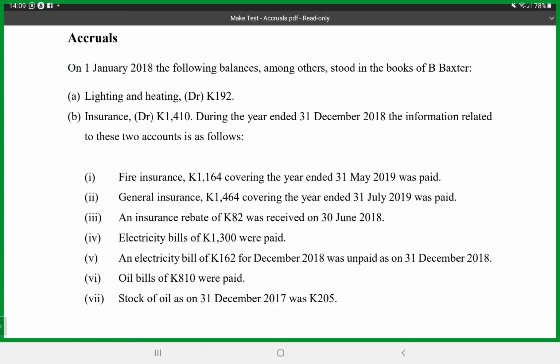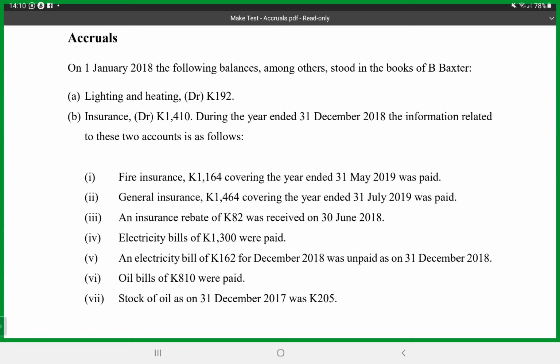There is the lighting and heating account that had a debit balance of 192, insurance that had a debit balance of 1,410. So 1st January, we are starting the year. These are opening balances.